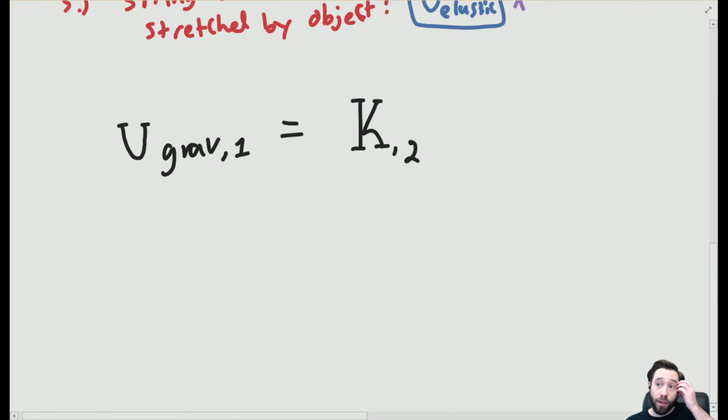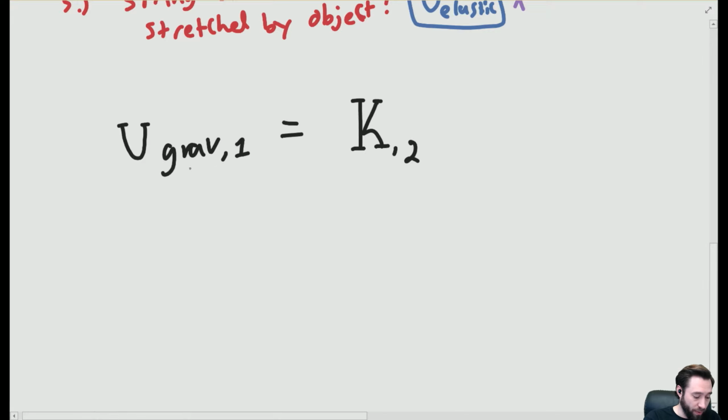All right. So we've got gravitational potential energy at state 1, and then all that energy turned into kinetic energy at state 2. So what I'm going to do now is substitute in what these expand out to be. And I want you to take particular note of where I put subscripts and where I don't.